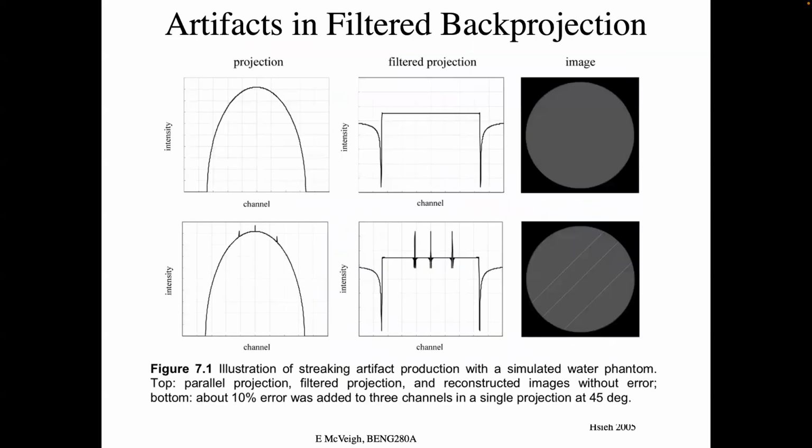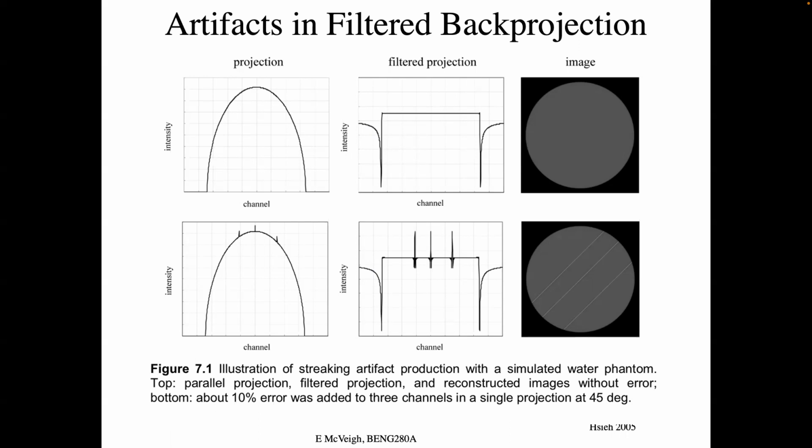Okay, so artifacts. One of the issues about doing this filtration is that while we get our projection, take the convolution, we get a nice flat top and these negative side lobes that are going to keep the edges sharp. But what if I have a small variability in my raw data?